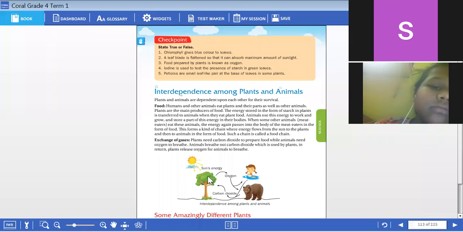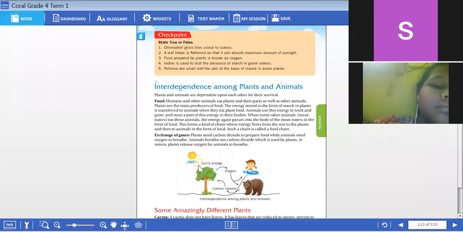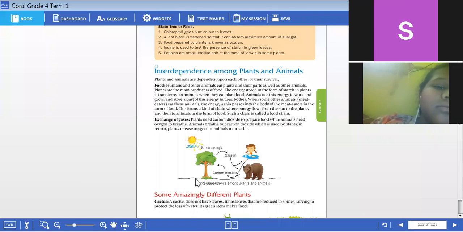Just have a look, children. Here, the plant. Look at the diagram. Look at the picture given here carefully. If a plant receives energy from the sun and it grows up, then the plant will be eaten by a rabbit. For example, we can think so.